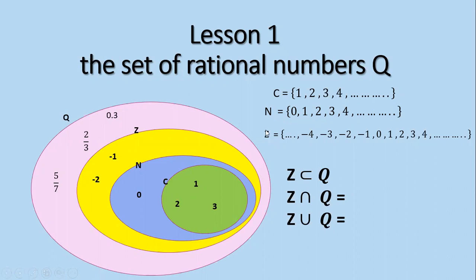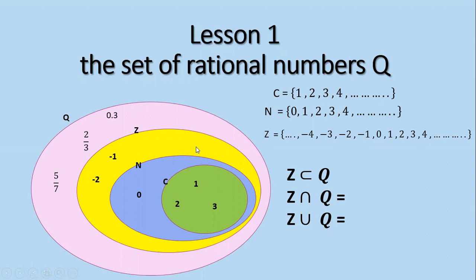In grade 6, we studied the set of integers, denoted with the letter Z, which consists of 0, positive numbers, and negative numbers. And we learned that 0 is neither positive nor negative.